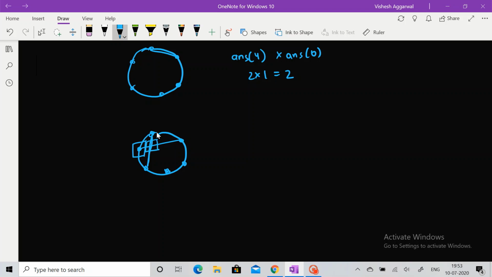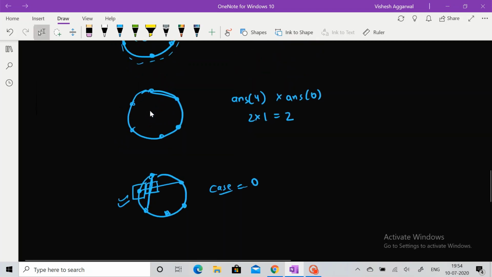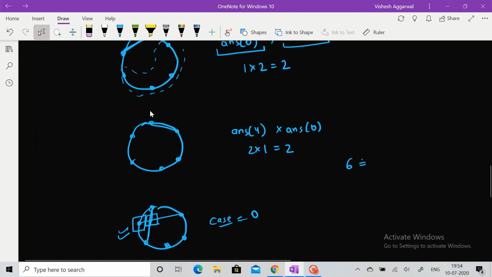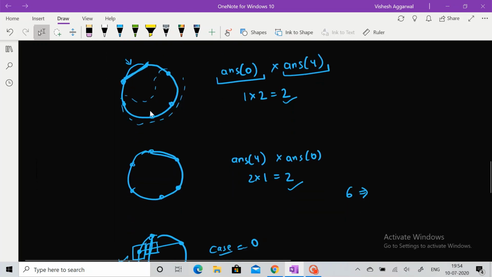So we can conclude that if we have an odd number of points on any of the sides, the answer for that case will be 0. So the final answer for joining 6 points will be 1 from this case, 2 from this case, and 2 from this case. So 1 plus 2 plus 2 is equal to 5 ways.